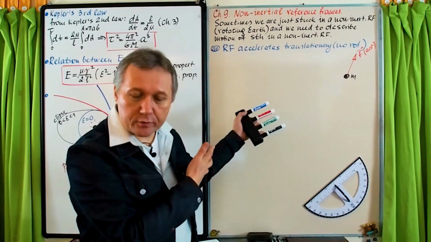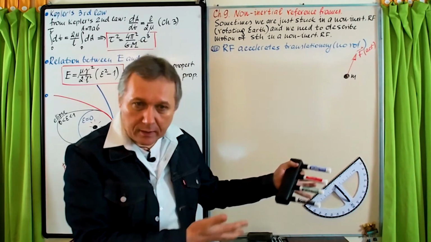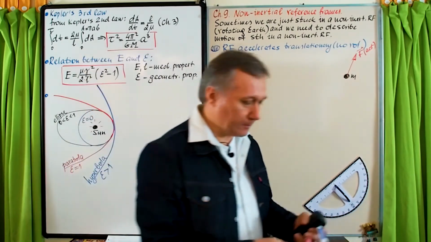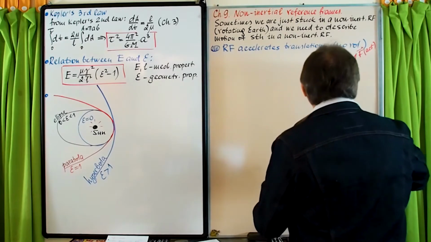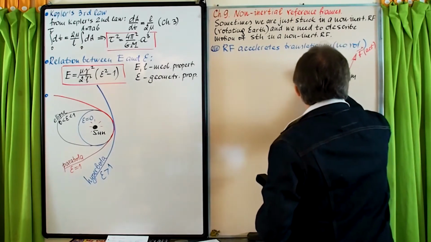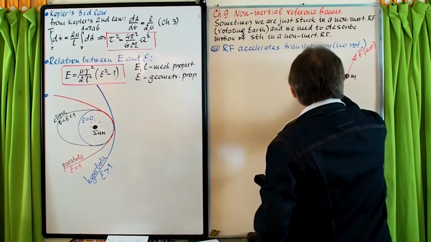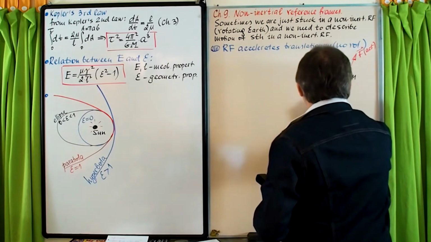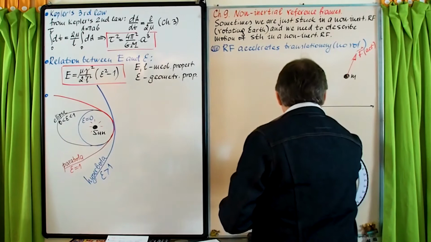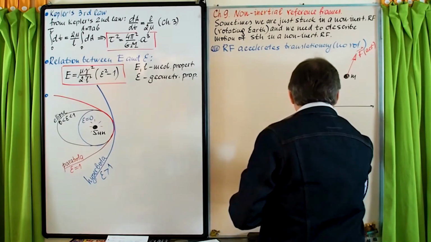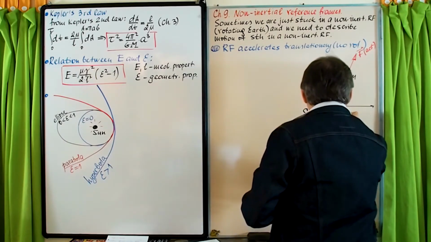We need to introduce the inertial reference frame first, and then see what can be done. So let's say this is our inertial frame, S naught, and I will emphasize, this is the inertial RF.